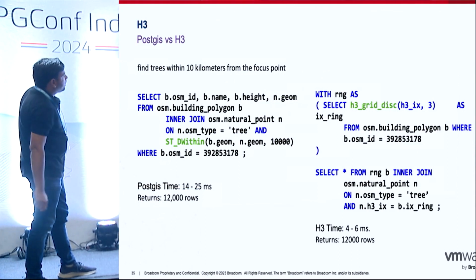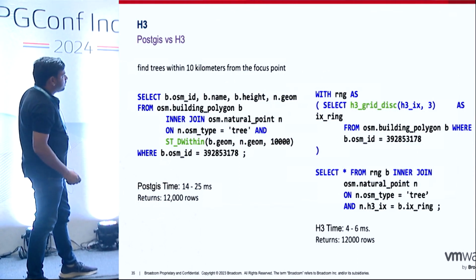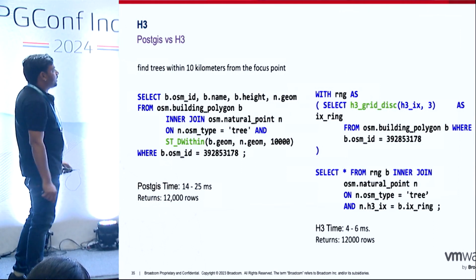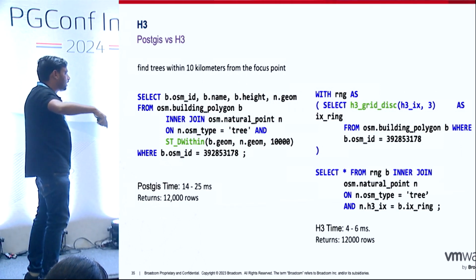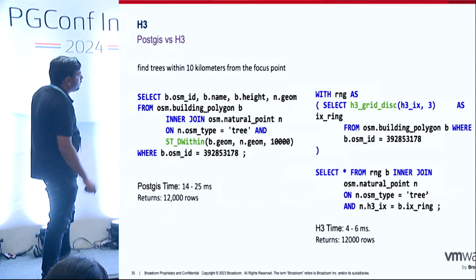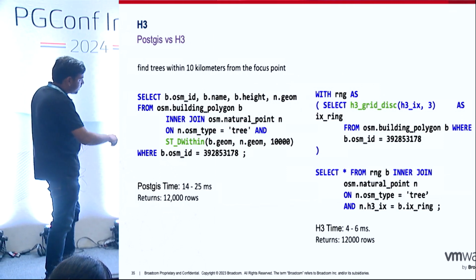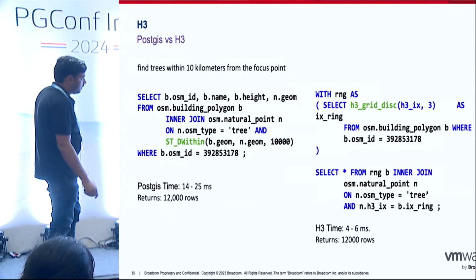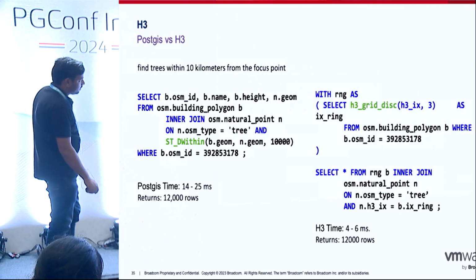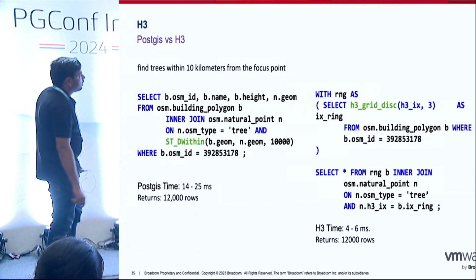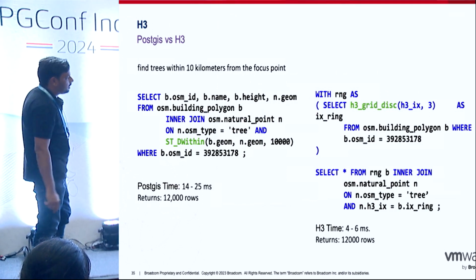In this, I have created an S3 index, and I have run a query to find the trees within the 10 kilometer focus point, or 10 kilometer area. When I run this query on PostGIS with the R-tree indexes, it took around 14 to 25 milliseconds in different runs. On the right hand side, when I run this, it was taking around 4 to 6 milliseconds.